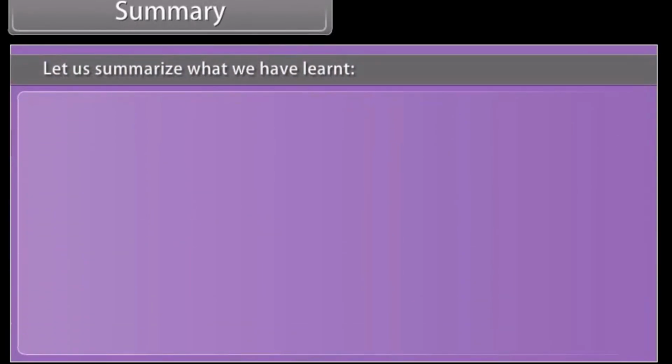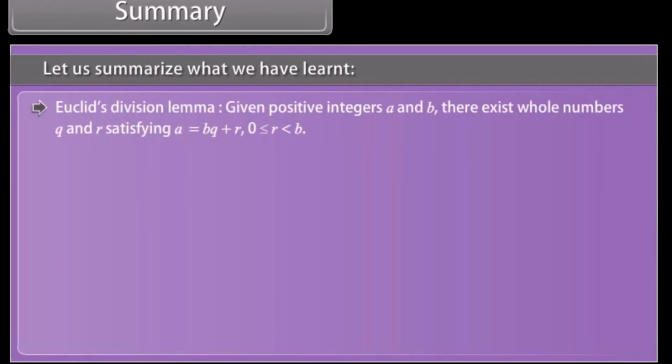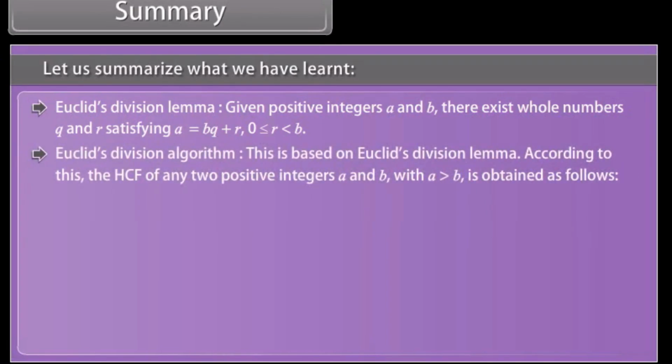Summary. Let us summarize what we have learned. Euclid's division lemma. Given positive integers a and b, there exist whole numbers q and r satisfying a is equal to bq plus r, 0 is smaller than or equal to r is smaller than b. Euclid's division algorithm.